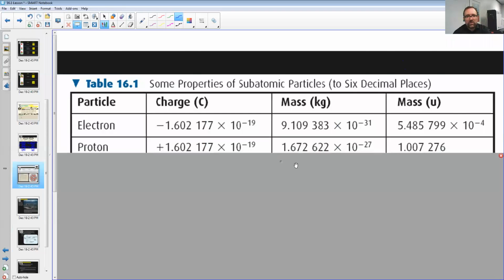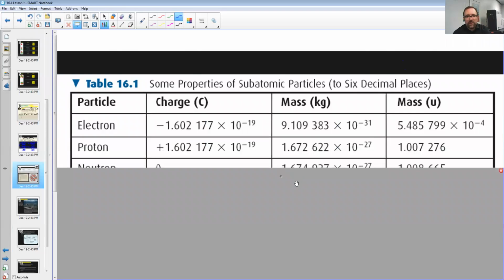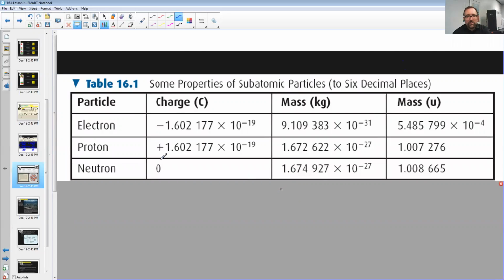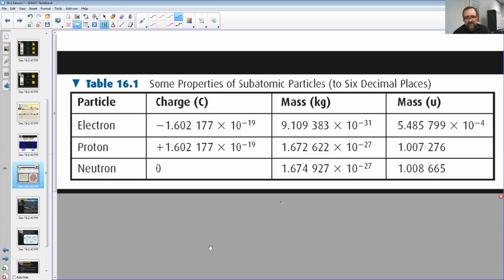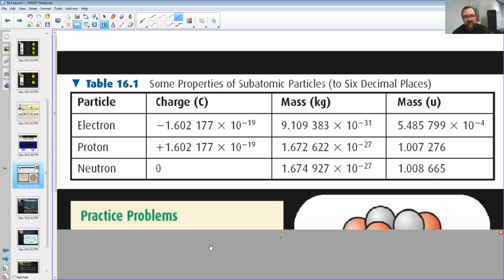It's the same for the proton and the neutron. Very interesting to see the neutron's charge is actually neutral, so that's why there's no charge. It's blank, as 0. It's the exact opposite of an electron and a proton. The masses, you will realize, are a little bit bigger than the mass of an electron, but it is bigger.